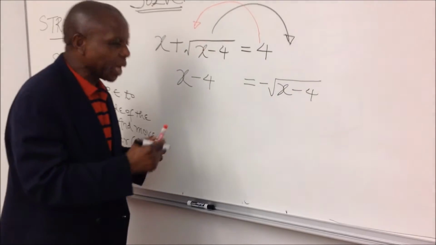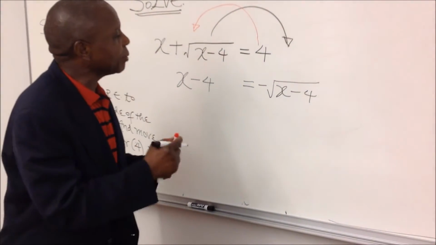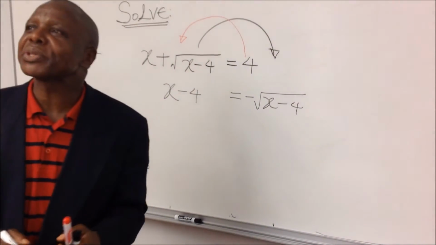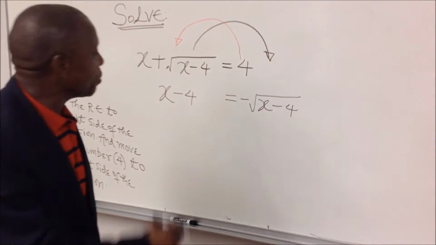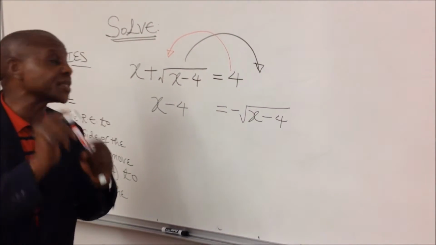So what will be our next step in this problem solving process known as strategic problem solving process? What will be our next step? And what will be the goal for our next step?